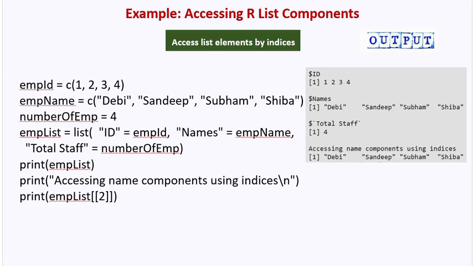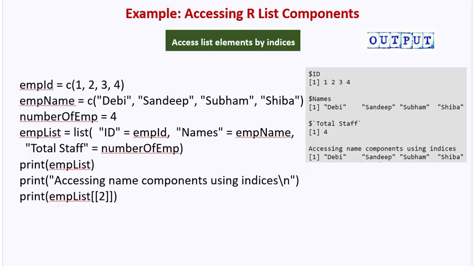As a continuation, after creating the list, let me show how to access the elements in the list by the first method, using the index value. This is a sample program which helps us understand the concept of accessing list elements with their index. The first lines create the employee ID, the details of the employee ID with the help of vectors, then the employee name, then the number of employees, and finally the list having ID equal to employee ID.